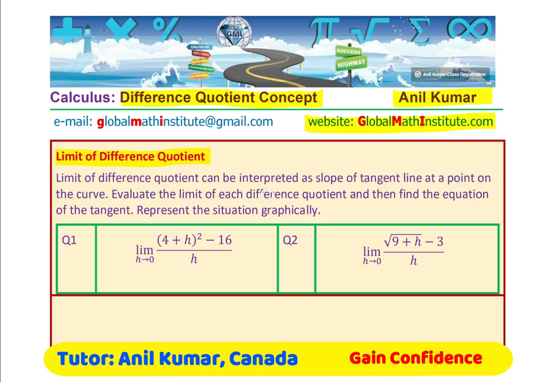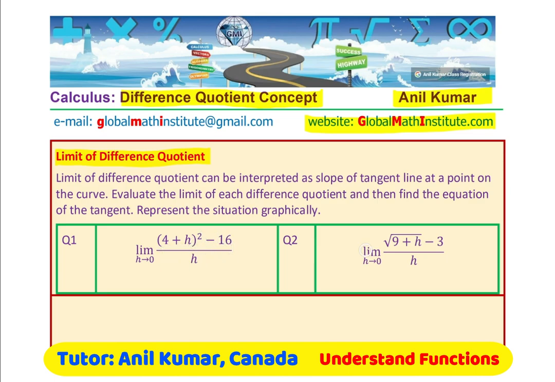Evaluate the limit of each difference quotient and then find the equation of the tangent. Represent the situation graphically. It's a very beautiful question in which you will understand how we start from the difference quotient. Two examples are here. One is the limit as h approaches 0 of (4 plus h) whole squared minus 16 over h.